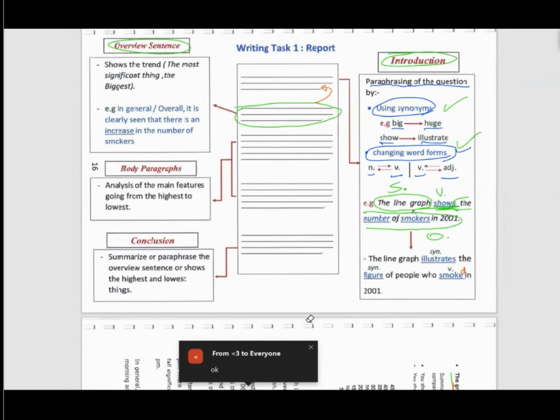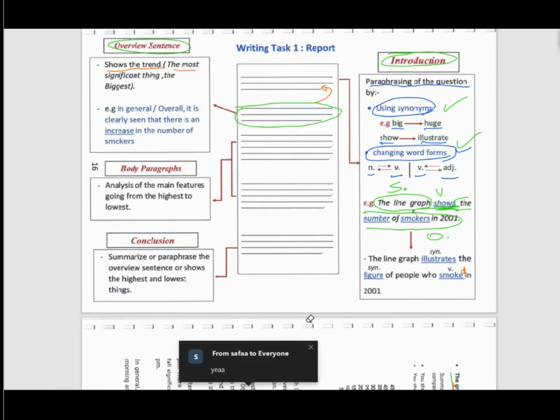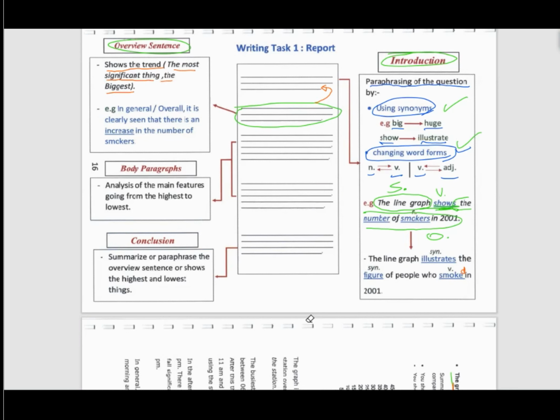The overview sentence is what? It shows the trend. The trend sentence is there. You know what is a trend? The trend is something very big, something expanding a lot, something seen a lot. Okay? The most significant thing, the biggest thing in the drawing. For example, this is a trend or an overview sentence here.